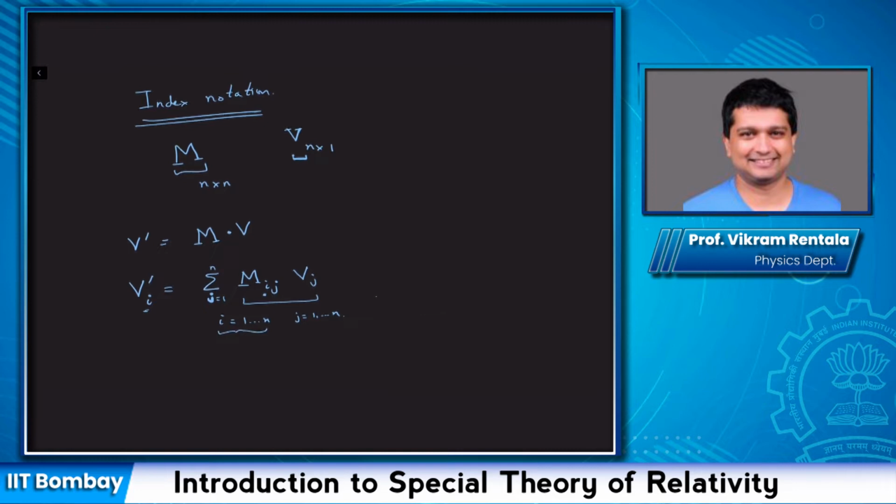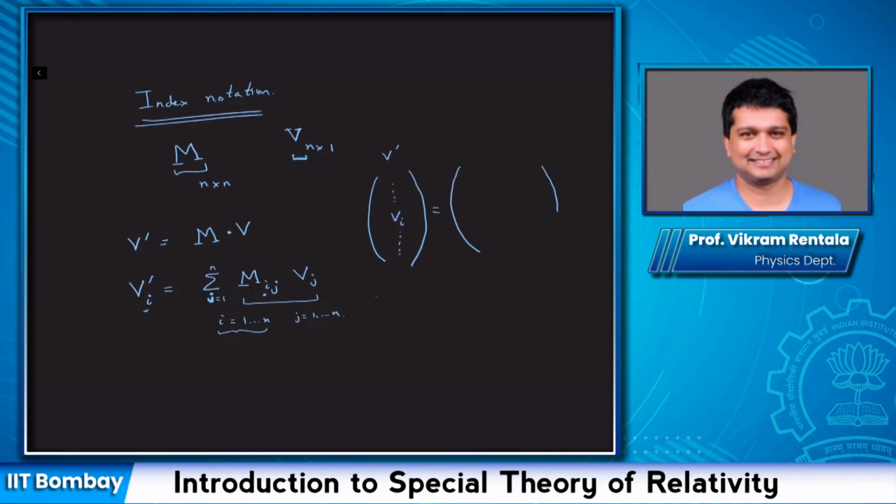So if we think about this in terms of column vectors, so we have a column vector v prime, and the entry I corresponds to the ith row of this matrix.